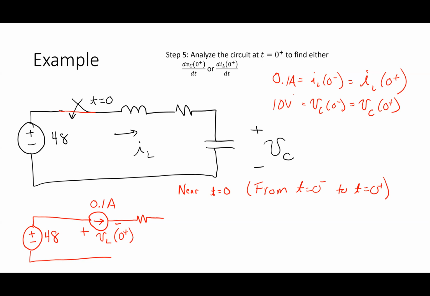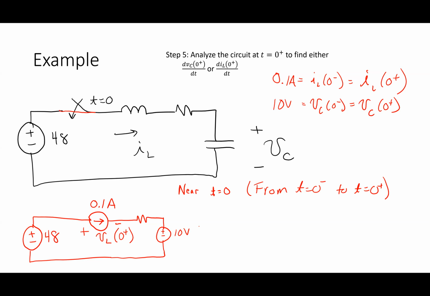Over this short period of time, the capacitor holds a constant voltage. So how am I going to think of the capacitor? Voltage source, right? Over the short period of time, I'm going to say this is a 10 volt source, like so. And I have that relationship.